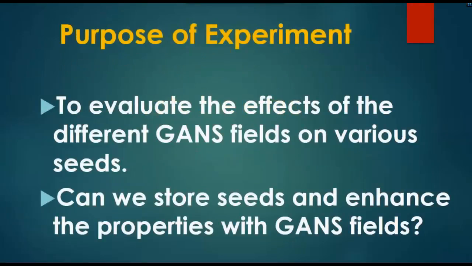Okay, so what I wanted to do was to evaluate the effects of the different GANS fields on various seeds, because as we know, seeds have a certain coating on them. So I wanted to see whether any one of the GANSes would have an impact, either good or bad, on the different types of seeds.